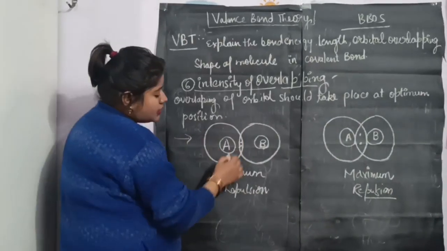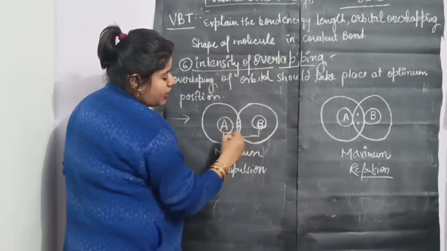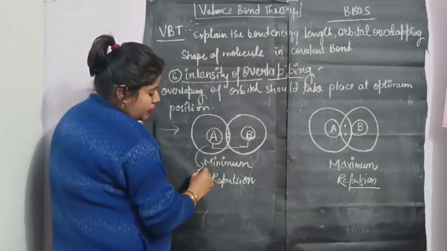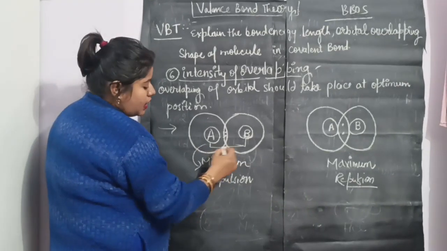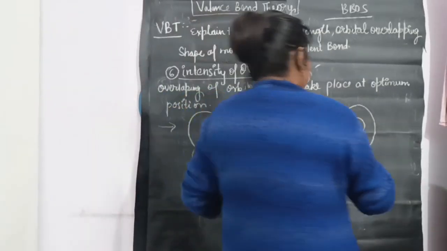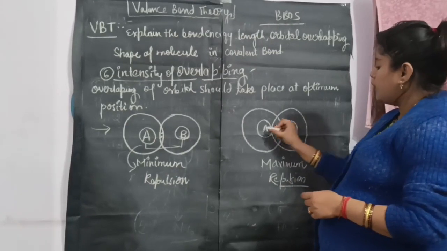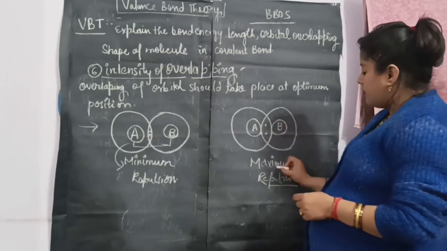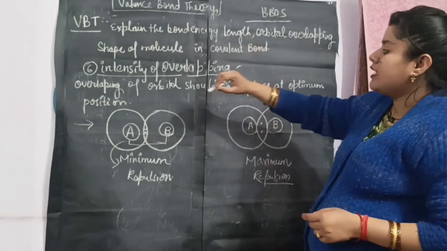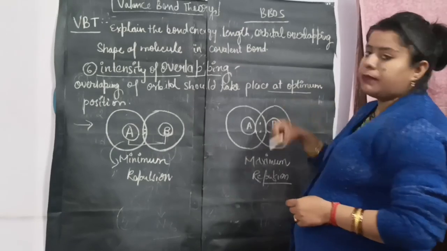In this case, the overlapping is so far from the nuclei that there is minimum repulsion between the orbitals. If the two nuclei are so close, the repulsion will be maximum. So the VBT says the overlapping should be at the optimum position.